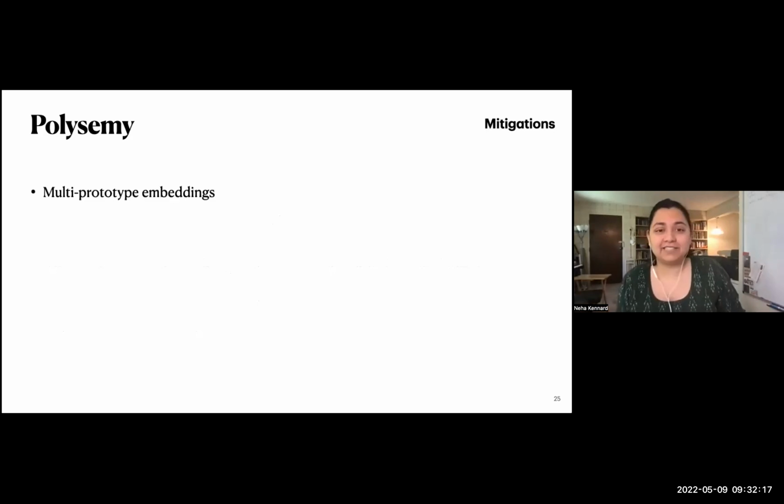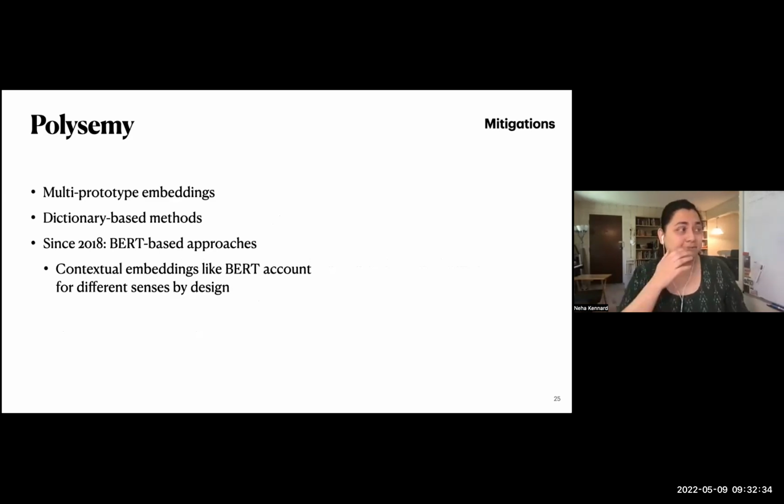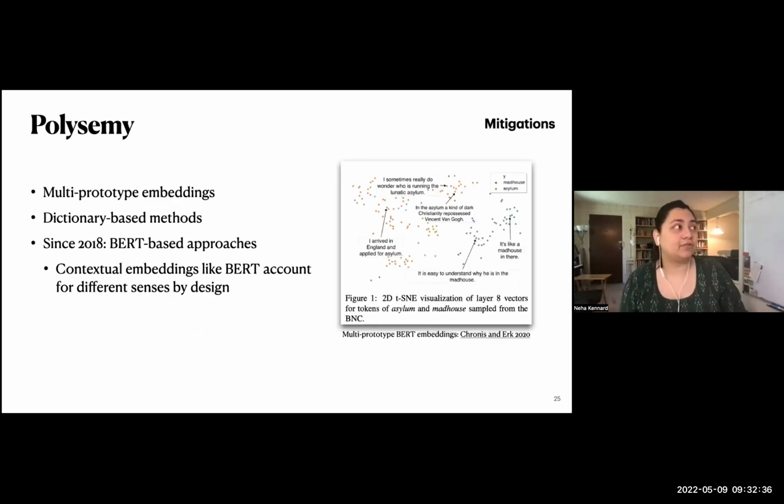Actually, a lot of really clever work went into trying to fix this between 2014 and 2018. People did unsupervised sense clustering, they did dictionary methods. But unlike these valiant researchers, we have the benefit of living in the future, and we can use BERT-based approaches. There's a lot of really cool work because contextual embeddings like BERT and Elmo already account for different senses by design, because embeddings are connected to a particular occurrence.